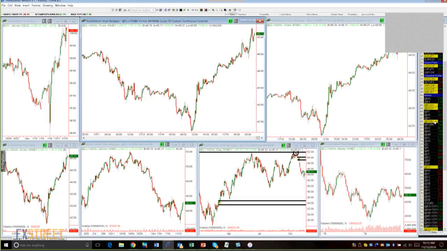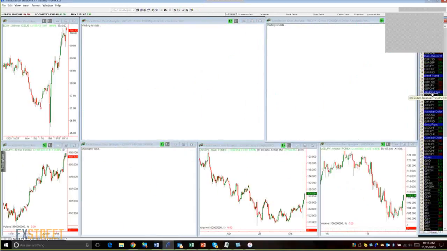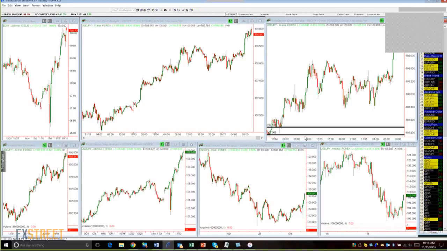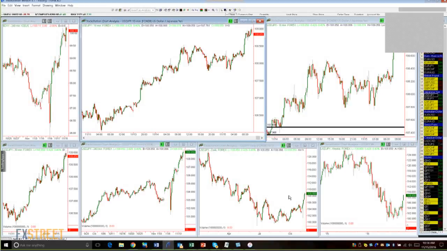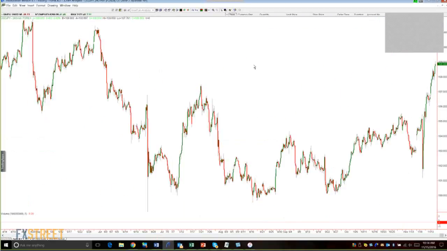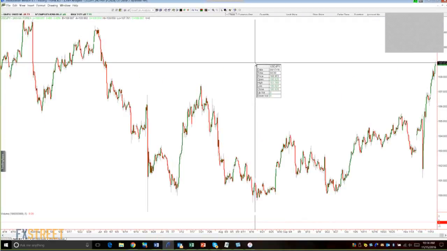Let's go up to the dollar yen. We'll start with the spot market, and then we'll go to gold. Yen has some great stuff in it here, so I was looking at this morning. When we focus on the 4-hour chart, you can see it's struggling here as it should.